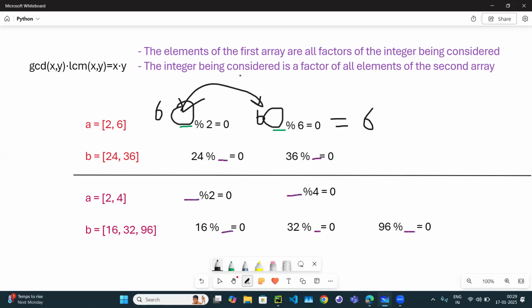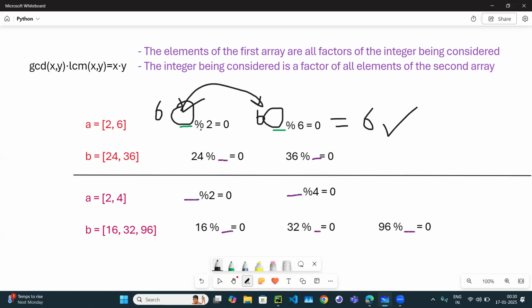The integer being considered from the first condition must now be a factor. A factor is that element which divides some other element. In the first statement, we find those integers for which the elements of the first array are the factors.